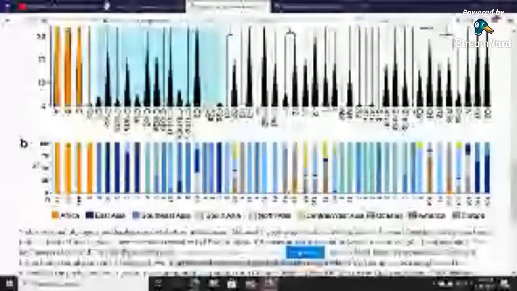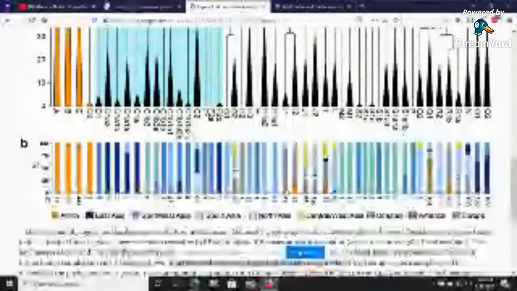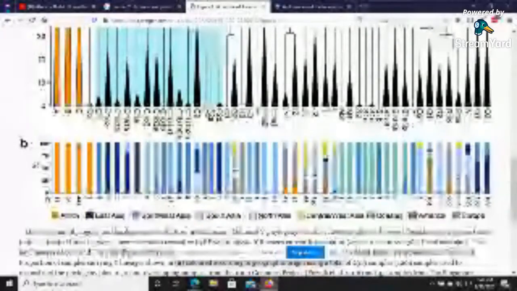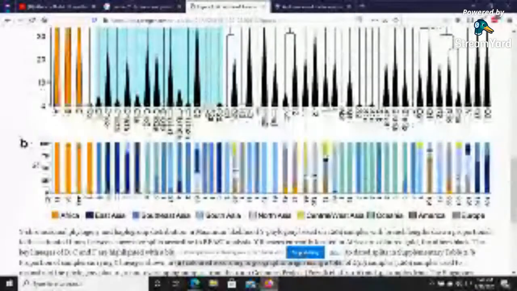See this little sliver of brown? I don't know if you can see it from the screen, but there's a little sliver of brown here, and it's I1. This is my Y chromosome.